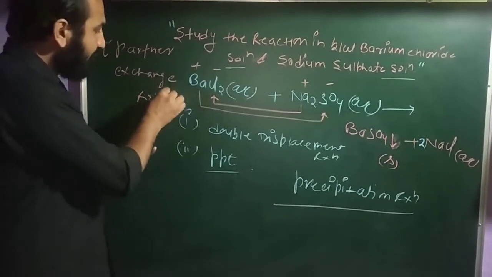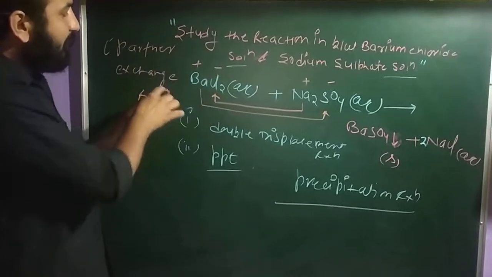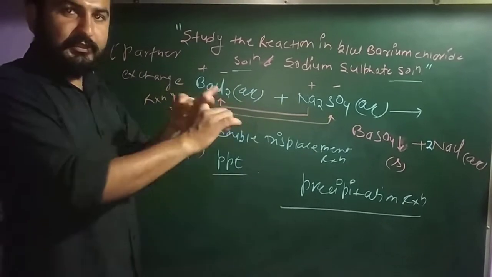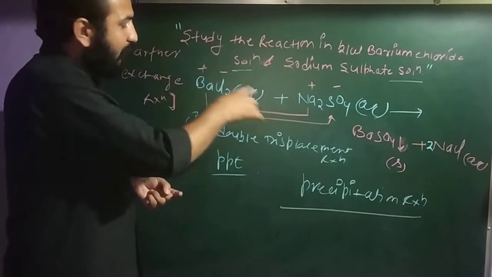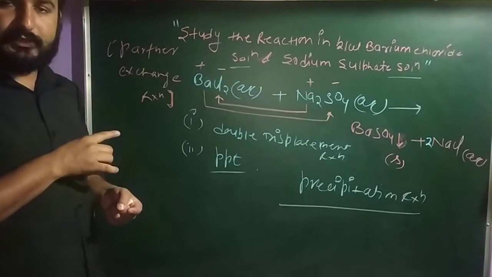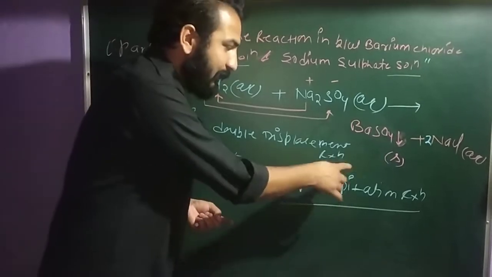Double displacement reaction, precipitation reaction, and partner exchange reaction: these all three reactions are the same. The partner exchange means these two are exchanging their partner with each other. Clear? So this is also called the partner exchange reaction. And why is it called a precipitation reaction?